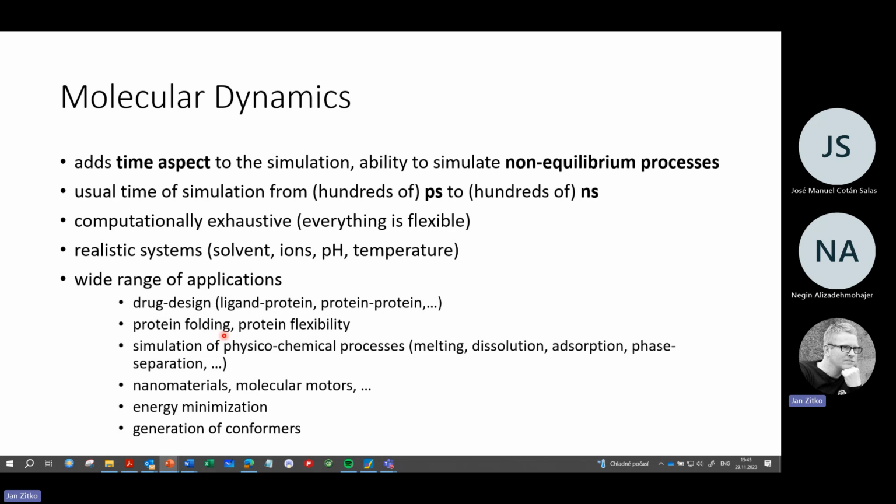What are the forces which usually drive protein folding? Usually these are ionic interactions. Of course, hydrogen bonds are very important, disulfide bonds, and also the hydrophobic interactions. So all of these take their part and make the protein fold in some way.